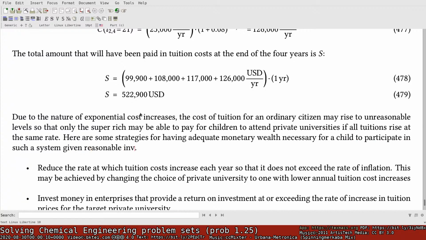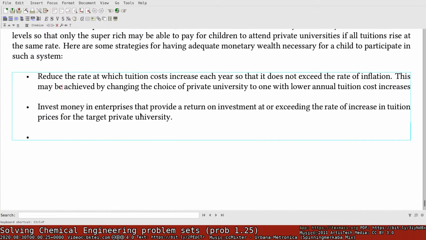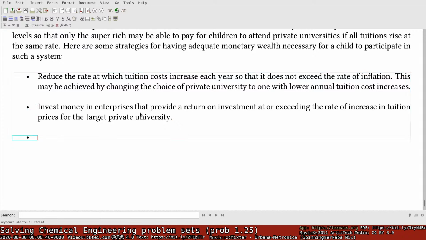Given reasonable investments, reduce the rate at which tuition cost increases per year so that it does not exceed the rate of inflation. This may be achieved by changing the choice of private university to one with lower annual tuition cost increases. Invest money in enterprises that provide a return on investment at or exceeding the rate of increase in tuition prices for the target private university.